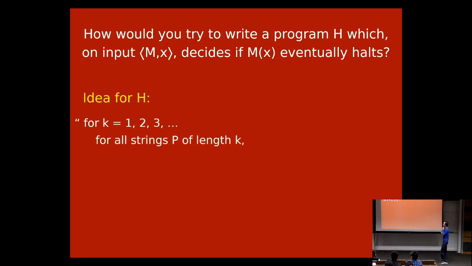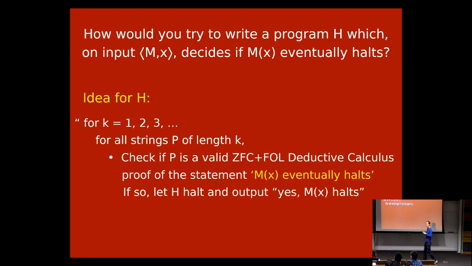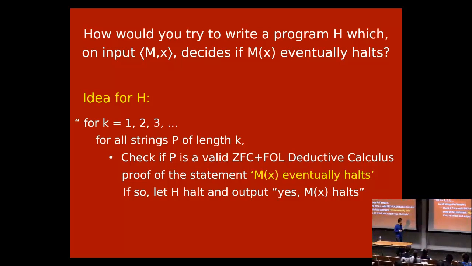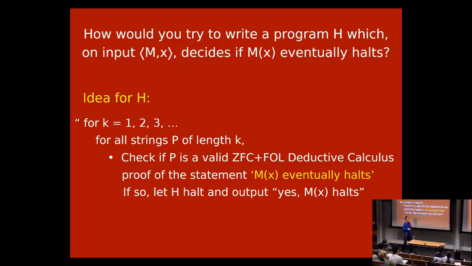Here it is. You go for k equals 1, 2, 3, and you go for all strings p of length k. So you go through all strings p. And then you check if p is a valid deduction, let's say in ZFC or whatever, for the statement "M of x eventually halts." And if p is, then you're like, great, let's output yes, M of x halts.